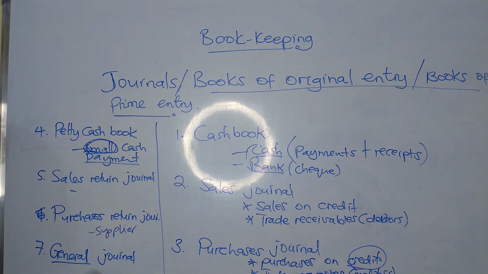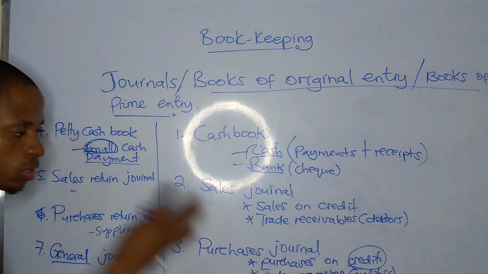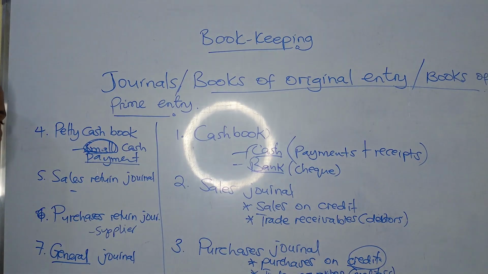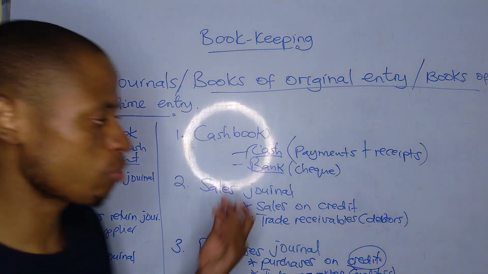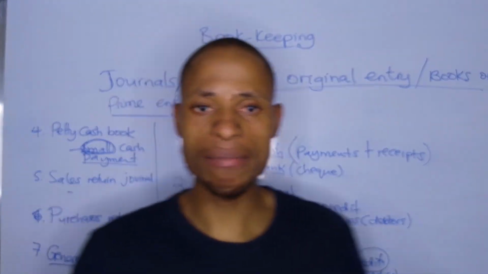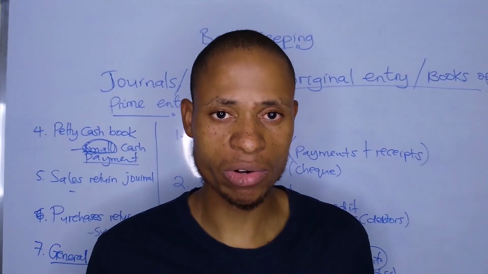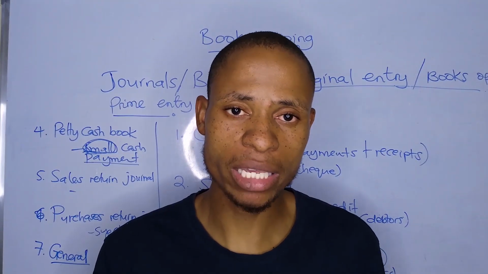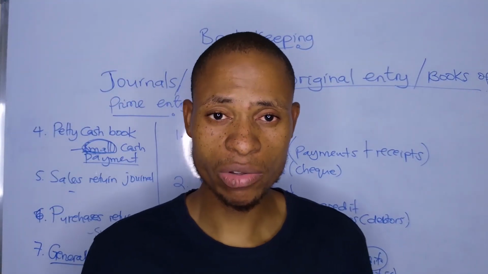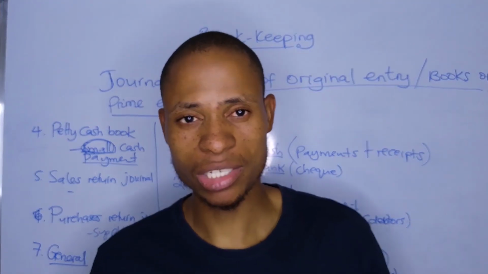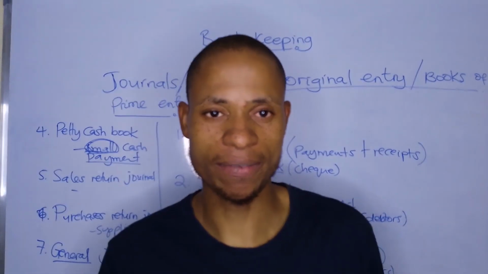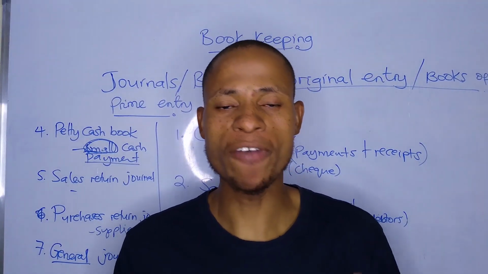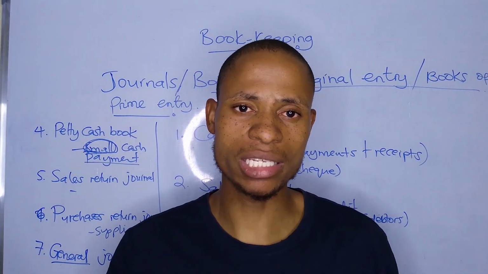Those are the books of original entry, the books where transactions are first recorded. These books are maintained by the bookkeeper, whose duty is to record these transactions each and every day as they happen, before being transferred to their separate accounts.